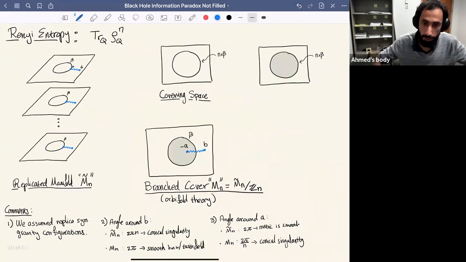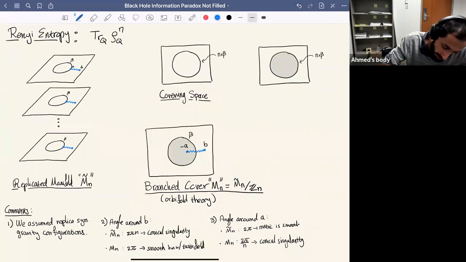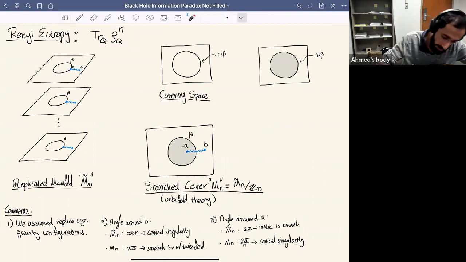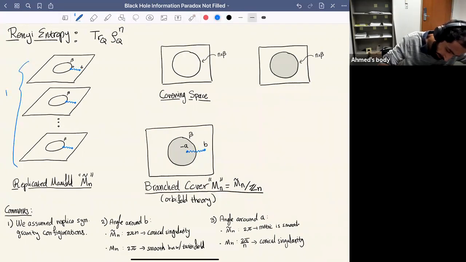Here's the next slide. So we want to compute the Renyi entropy, which is simply the trace of the density matrix raised to the power of n. What this means is you're supposed to consider n copies of the density matrix, as I have shown here.